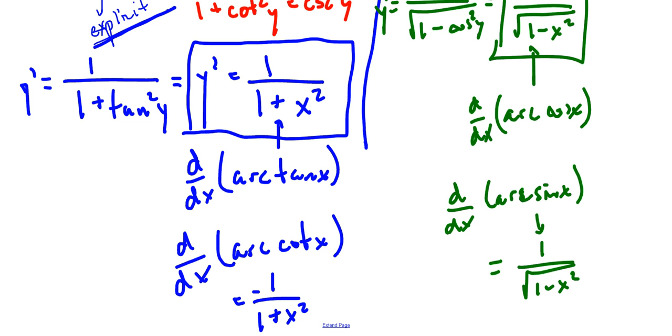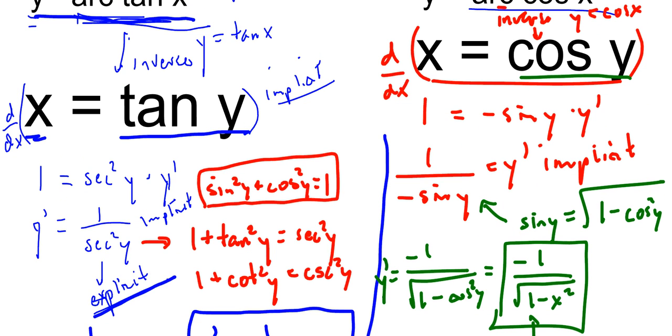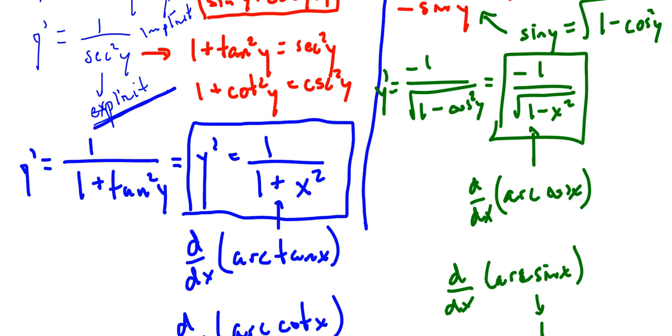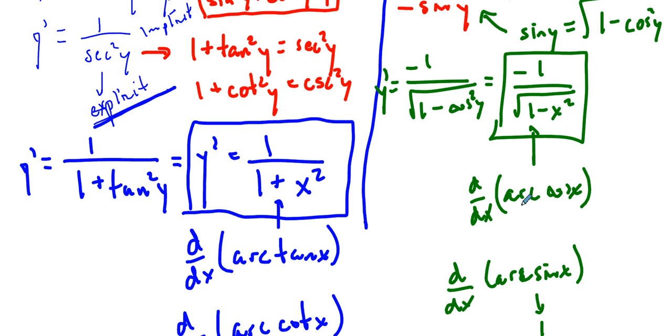The reason why is that the derivative of sine is cosine, just positive, so we don't have this negative. We go through the same process, except solve for cosine, and we get this other answer. So, once again, the derivative of arc cosine is negative 1 over the square root of 1 minus X squared.